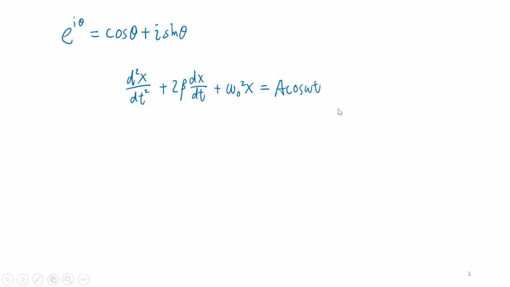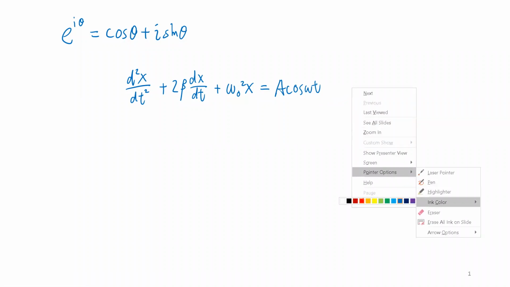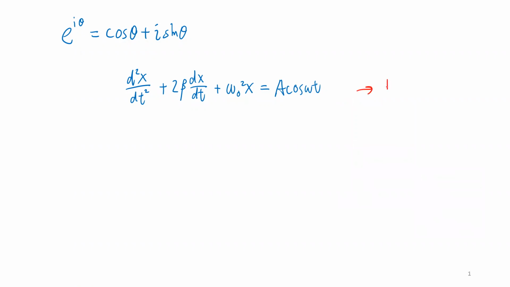What I'm going to do is this: a cosine omega t is actually the real part of e to the i omega t. So the cosine omega t on the right-hand side can be written like this.